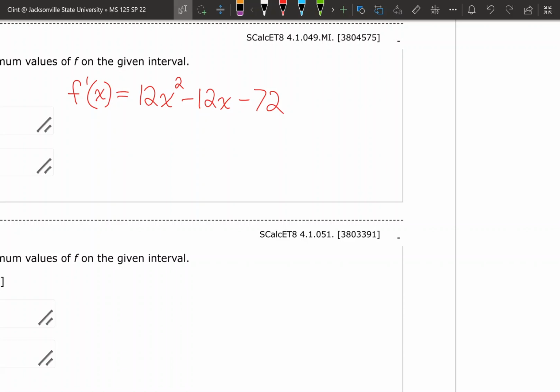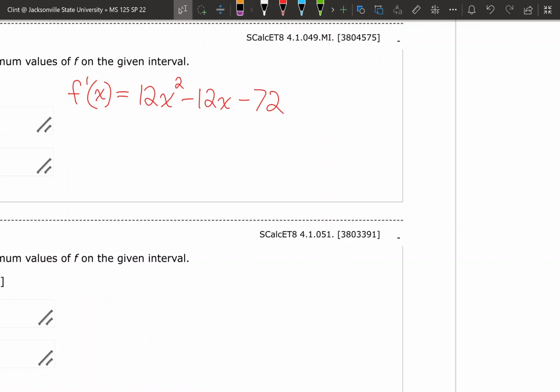So we want to find the critical numbers, where our derivative equals 0 or where it does not exist. Then we check each of those critical numbers as well as the endpoints. Whichever gives us the biggest value is the absolute maximum, and whichever gives us the smallest value is the absolute minimum.